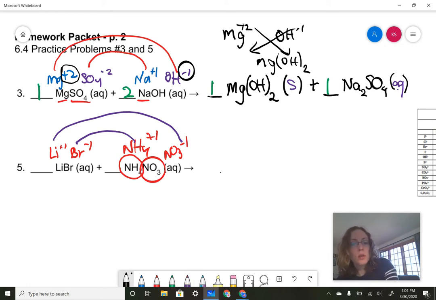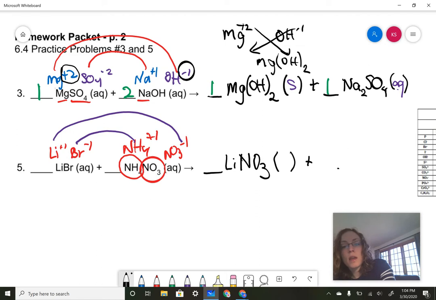So I don't have to do too much work when it comes to writing the formulas. I just need 1 lithium with 1 nitrate ion, LiNO3, that's lithium nitrate. And then ammonium bromide will be NH4Br. Basically, we need 1 +1 charge and 1 -1 charge.